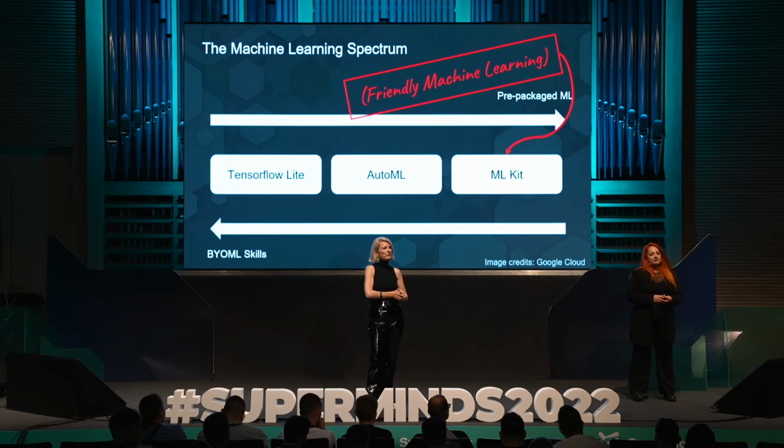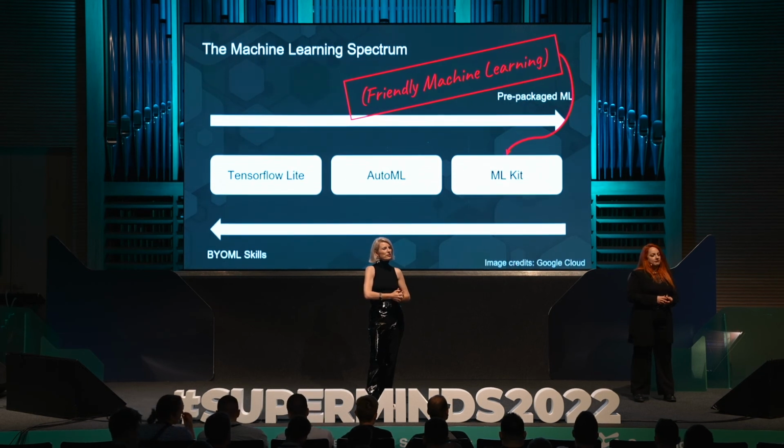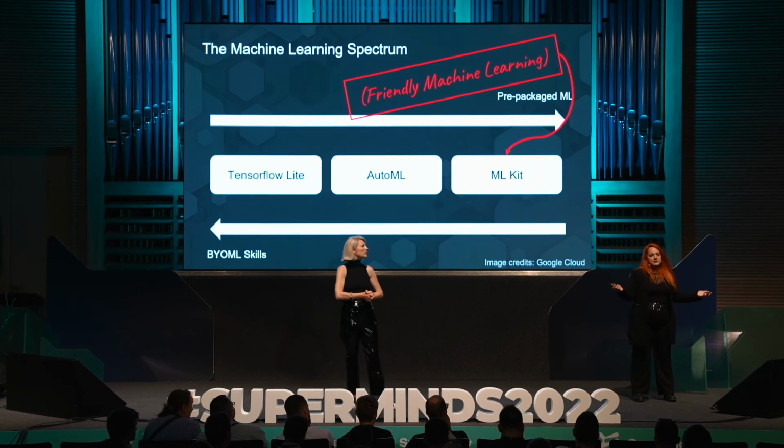Do you have any real-world examples or any real-world use cases which could use the ML Kit out of the box? Barcode scanning would be the easiest one. Barcode scanning works like this. It's 15 lines of code. You don't have to deal with anything else. You just do it.